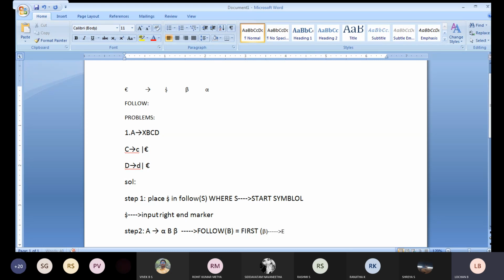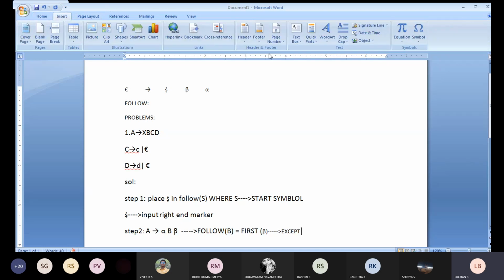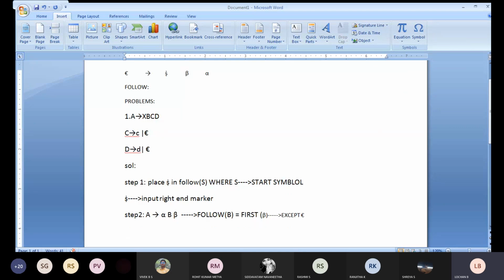We will not consider the epsilon part. Till now I have not solved the problem, I am just telling what steps are to be followed.